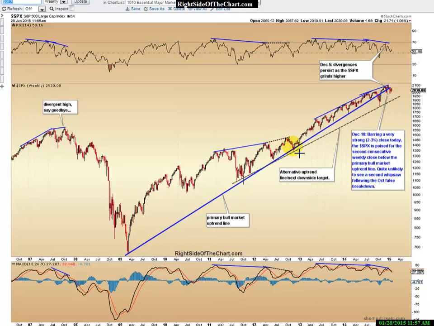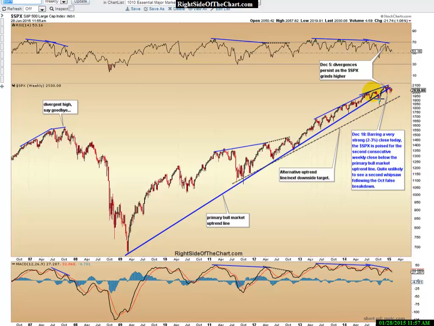Each of those were very sizable corrections. So they did play out for a correction, but those corrections had only brought us down to the primary uptrend line. What I've added, and I added this line a couple weeks back, is this dashed line, an alternative uptrend line that I'm watching that does connect several points as well. But if you look here, after that false breakdown or whipsaw signal, prices moved back above the trend line, but have once again closed below, and we've had several weekly closes below.